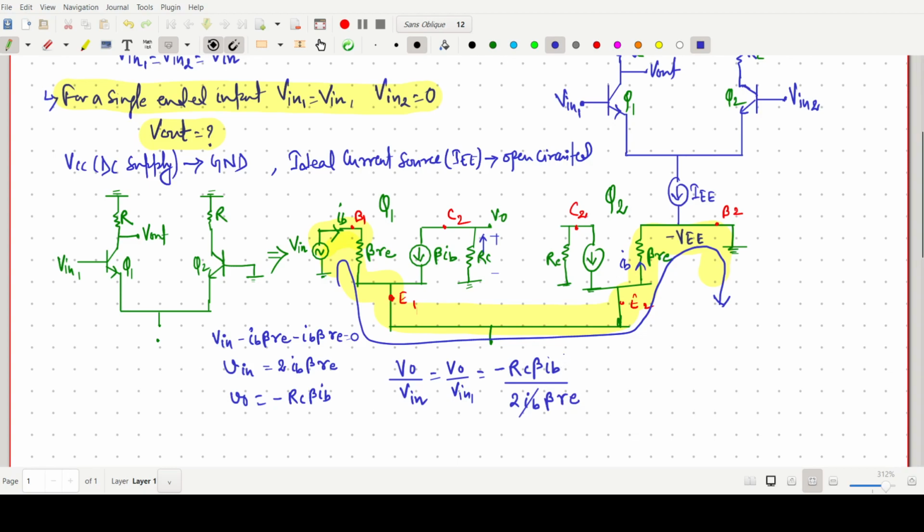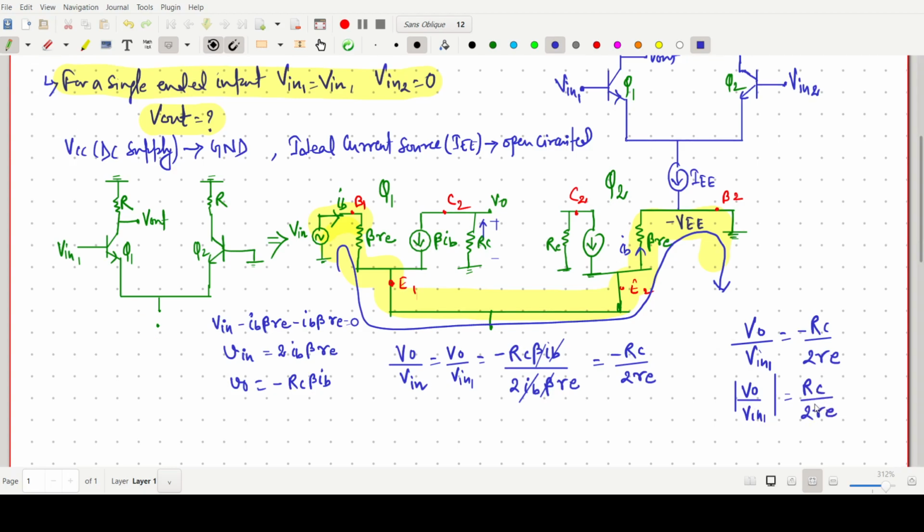The IB cancels out, beta cancels out. It is simply minus RC by twice RE, or taking the magnitude, RC by twice RE.